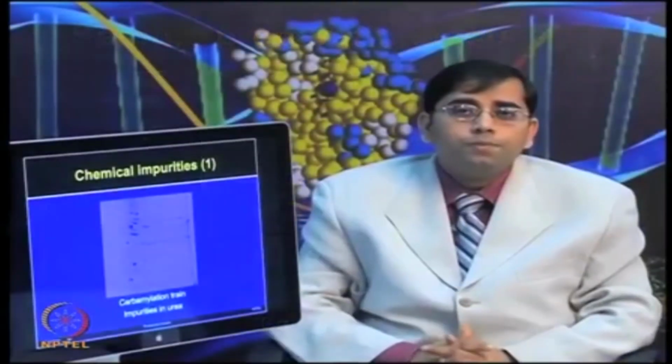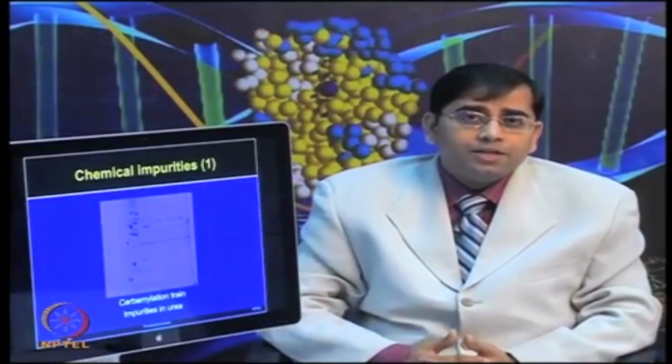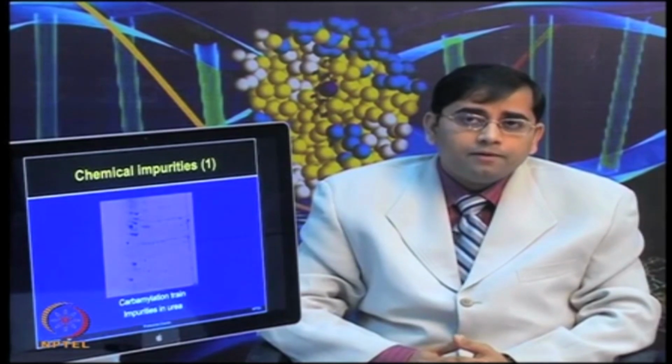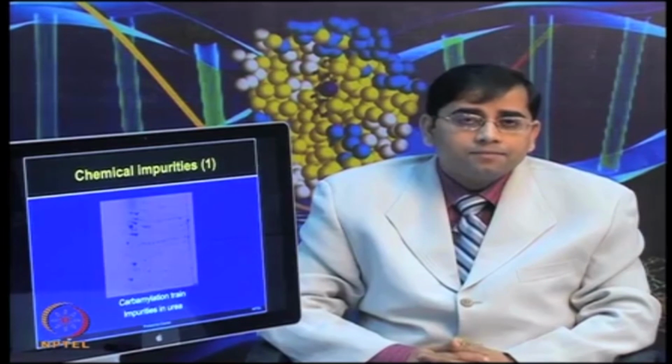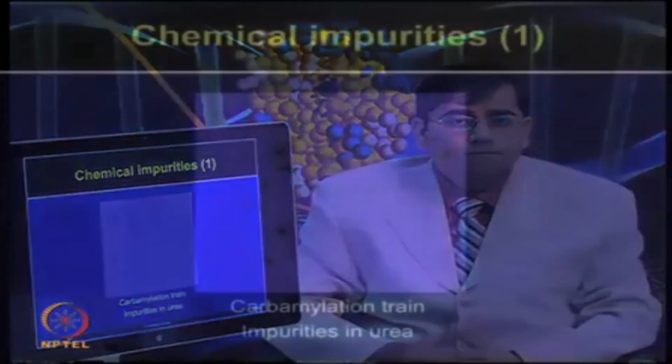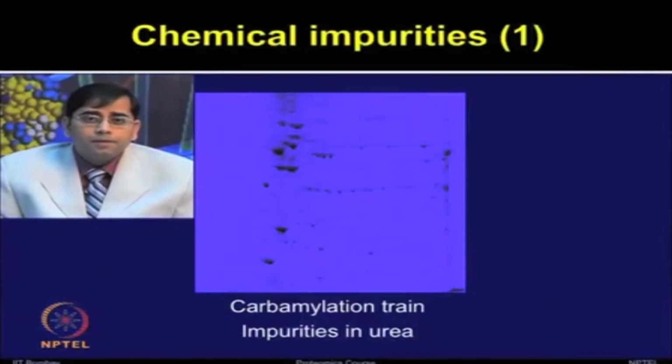Now, the sample variation is one problem. Often the chemical impurities or the chemical ingredients can also give rise to different types of bad gels, such as the chemical impurities shown in this gel, where the urea is very impure and one can see the carbamylation trail.